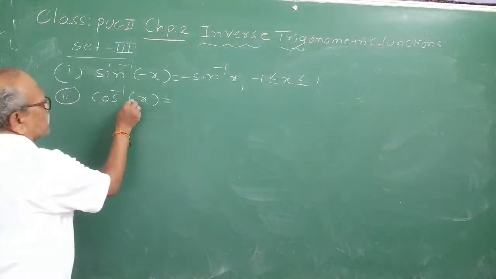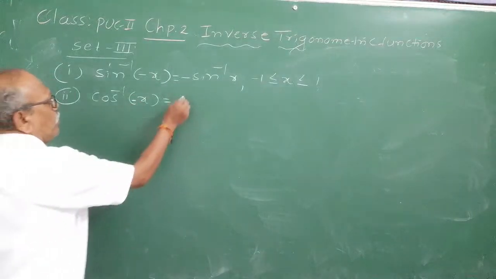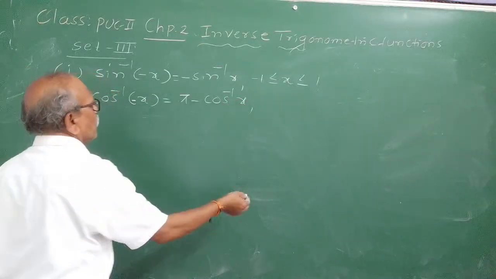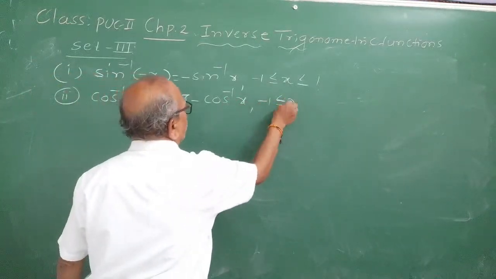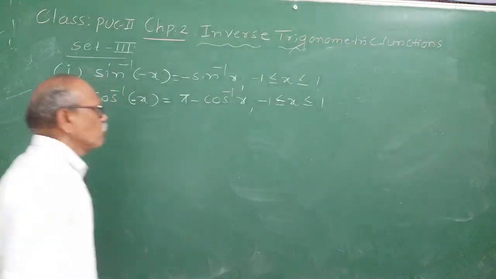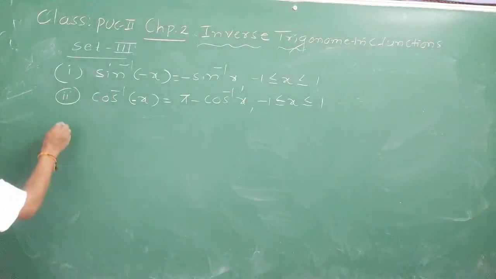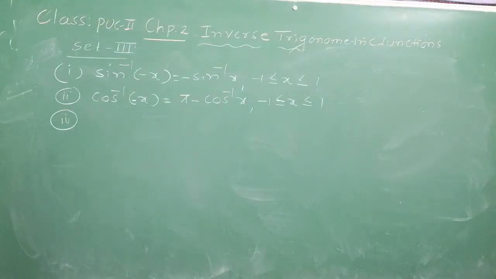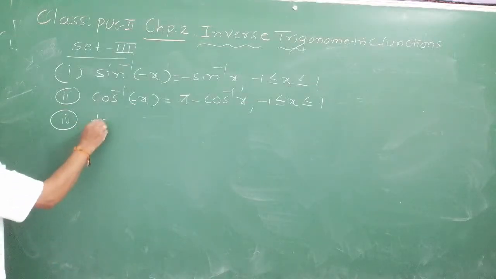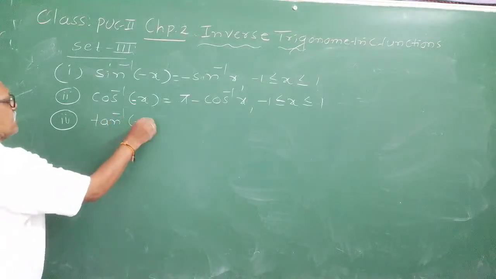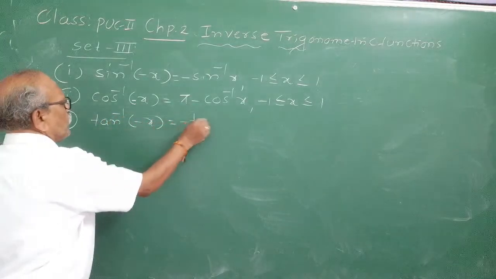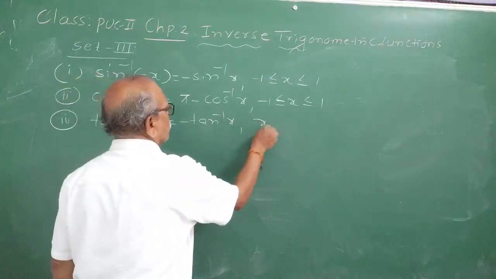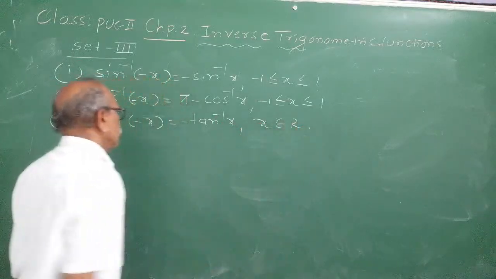Cos inverse minus x is equal to pi minus cos inverse x when x lies between minus 1 and plus 1. Let us study it. Tan inverse minus x is equal to minus tan inverse x, provided x belongs to the real numbers.